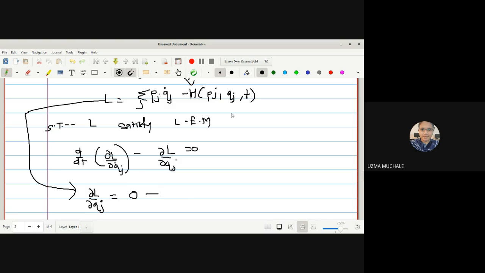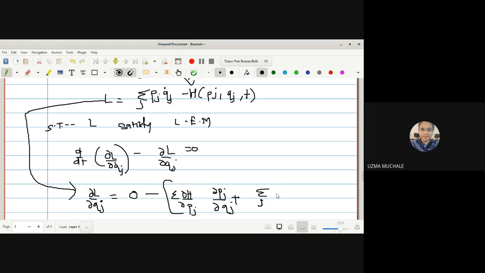Now we have to find out the derivative of H, considering H to be a function of pj, qj and t. Now we have to differentiate this with respect to qj, so let me find out the derivative. That is, we have to first find out dou h by dou pj and then the derivative of pj with respect to qj, correct. Next term, what is the next term?